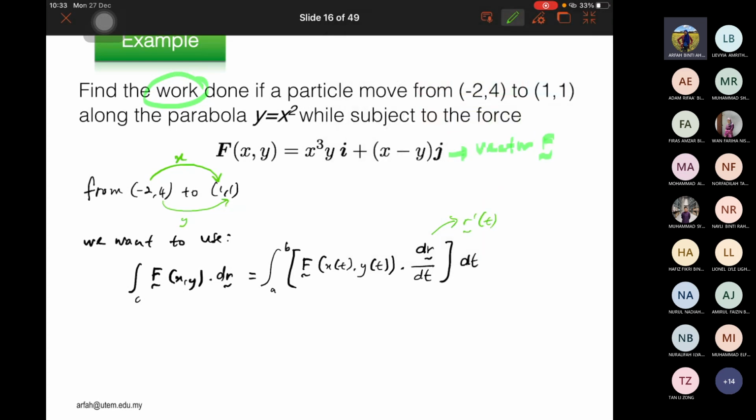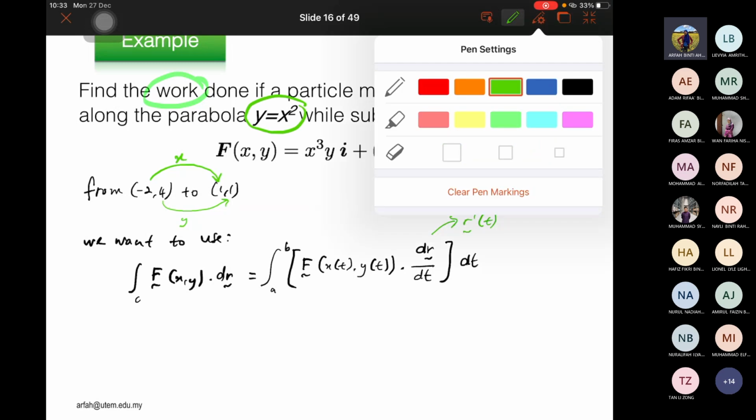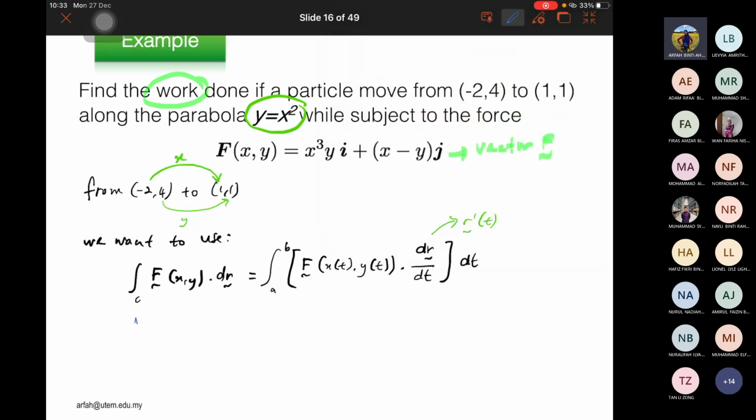Okay, so from here, we want to make use of this vector function. So do you have vector r? Did it give it? It only gives y equal to x to the power of 2. So what is vector r of t?